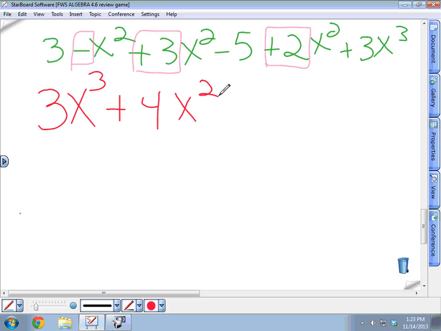Then what? Minus 5 plus 3 minus 2. And what's the degree of the polynomial? I just want the highest number, okay? Third degree.